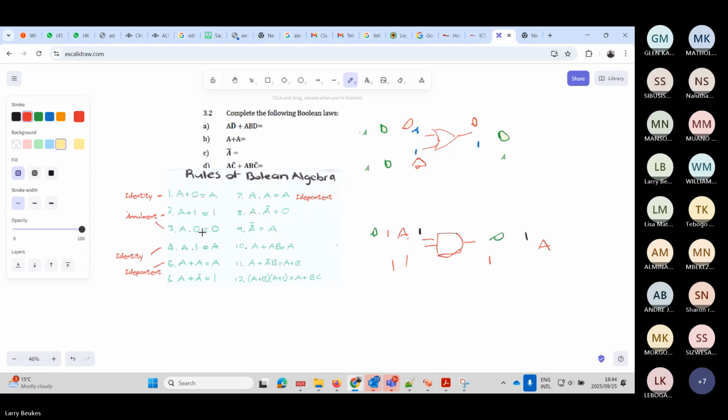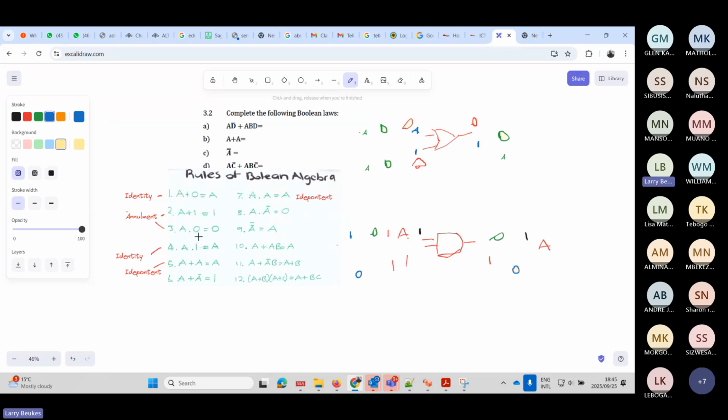So let's check number 3 with the AND gate. It's saying that any value ANDed with a 0. Let's put the 0 here first. We just need to make sure that these people are correct, right? So we have a 0. The value of A can be a 1. 1 ANDed with a 0. We know the output will be 0, right?